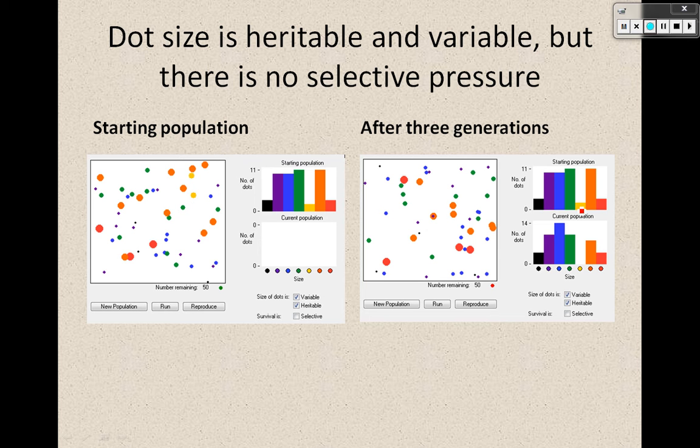That was killed off pretty early, but that doesn't necessarily cause a major shift in the population. You'll notice this is still a very similar distribution because things are being killed off randomly as far as dot size goes. This was the one that as you clicked, dots just disappeared, and it was random.